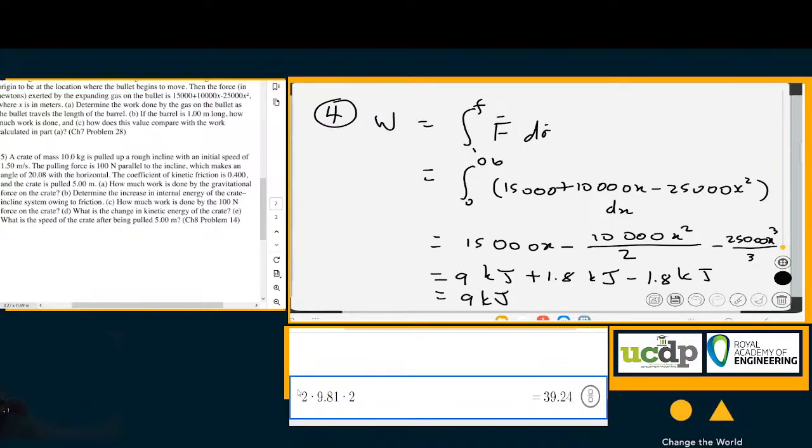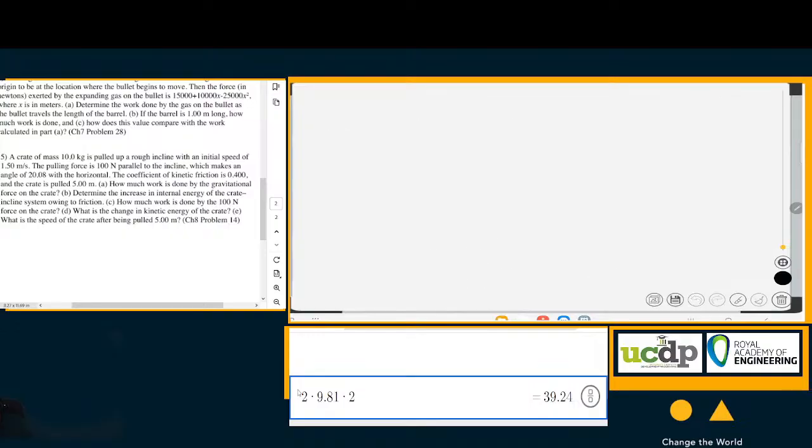Next question, B. If the barrel is now a meter long, how much work is done? So the only thing that changes is the distance. It is now a meter long, so you do the same thing. You plug in where x is.